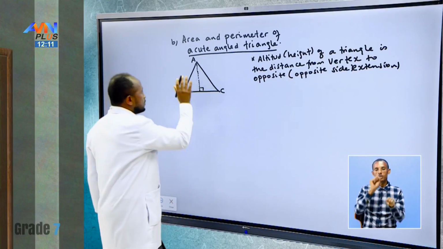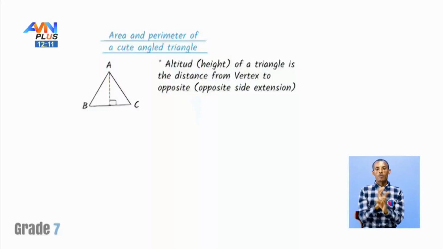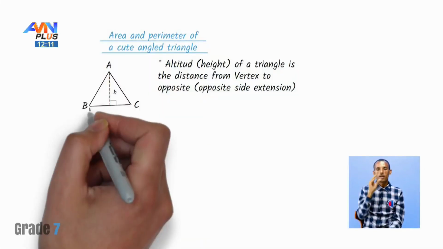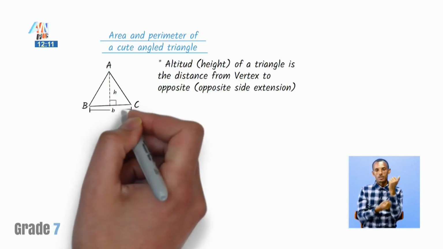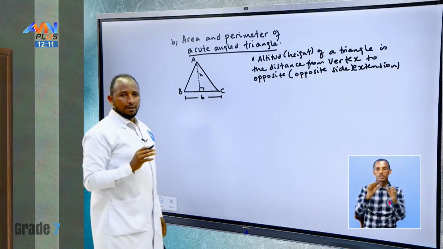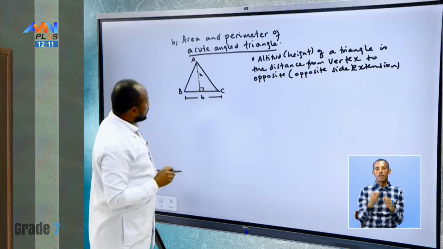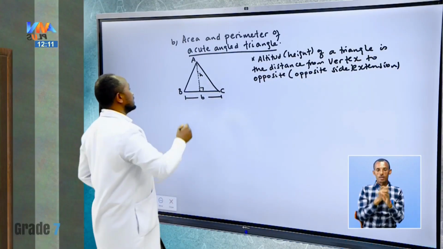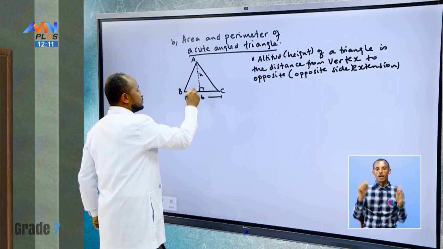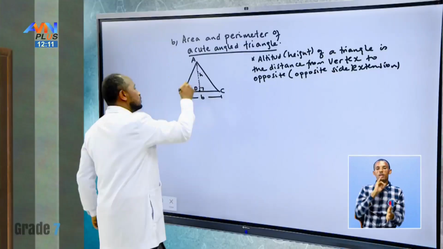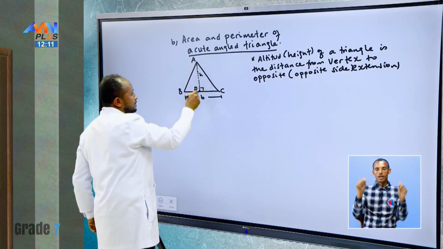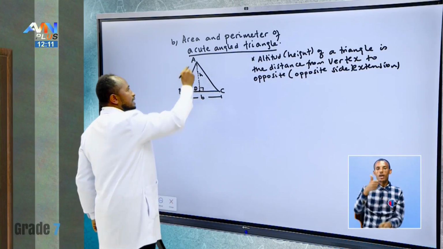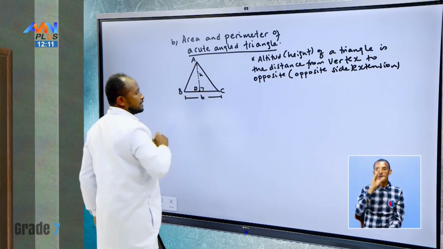So this one is the height and the opposite side length will be the base. How do we calculate the area of this triangle? Assume this point to be D. You have two right angle triangles, ADB and ADC.